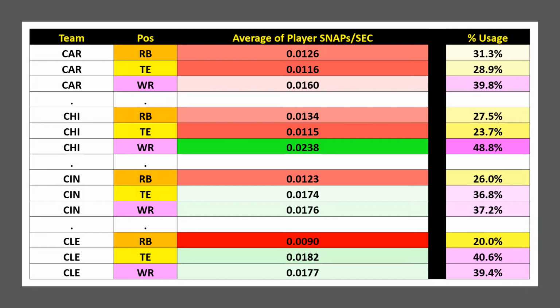Be very cautious. Look, because of the failure here, and maybe even the game scripts, almost 50% has been to the wide receivers in Chicago.